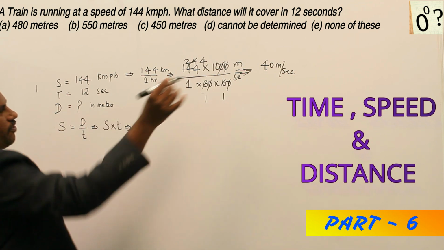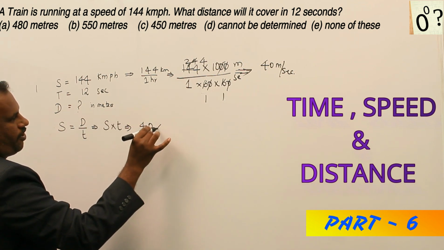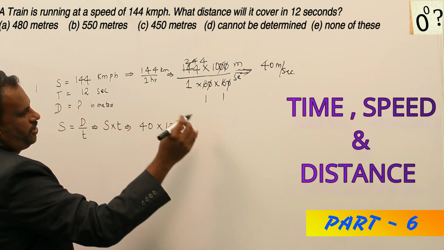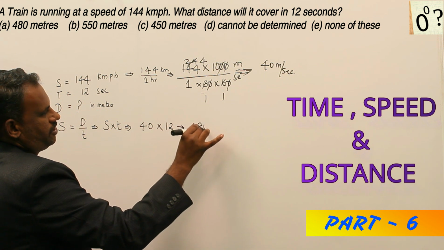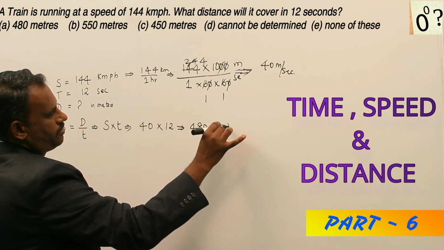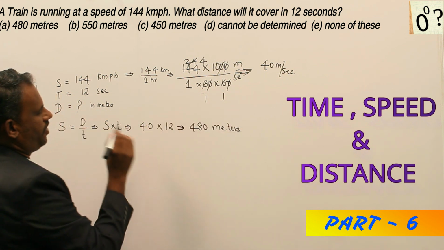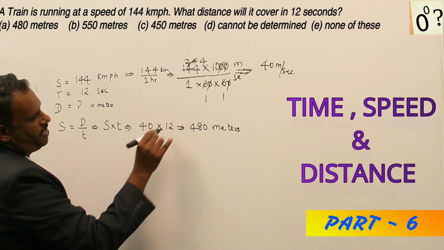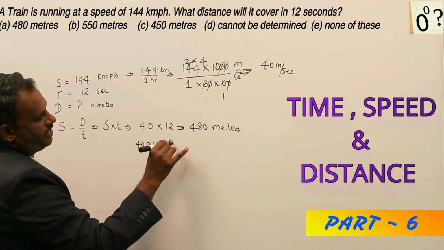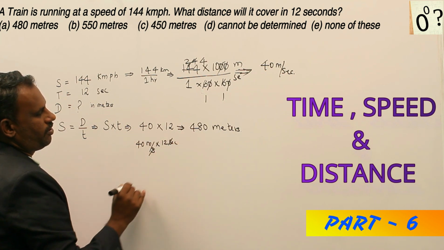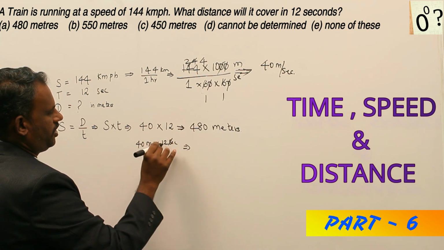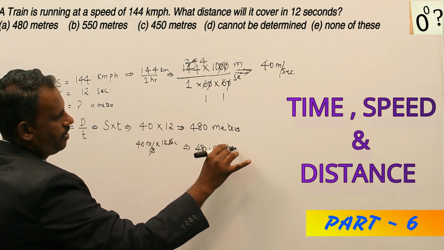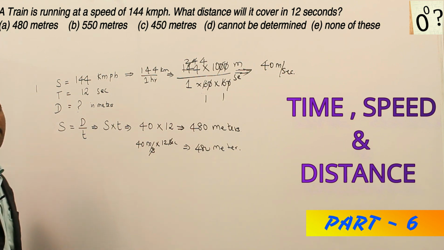We got the speed 40 meter per second, so 40 into time 12 is equal to 480 meters. We multiply 40 meter per second by 12 seconds, so seconds are cancelled. We got 40 into 12, 480. The unit is meter. This is the answer.